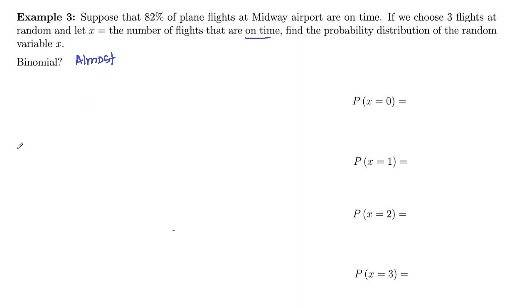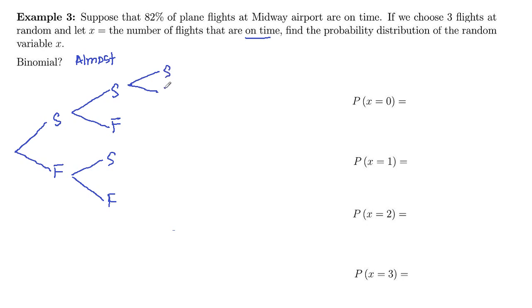So let's analyze this using a tree diagram. That first flight could either be on time or late. On time is success, late is a failure. If the first flight's on time, the second one could be on time or late, success or failure. If the first flight's late, the second one could be on time or late. Same way for the third flight, it's going to be the third level in the tree, with a success-failure split off of each one.